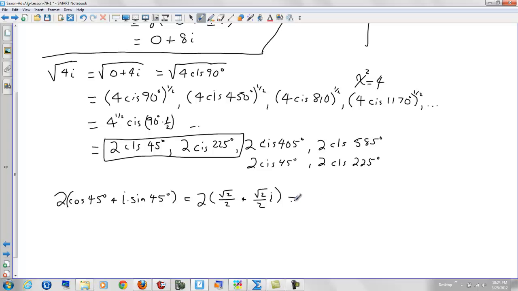And if I expand that, I get square root of 2 plus square root of 2 i.